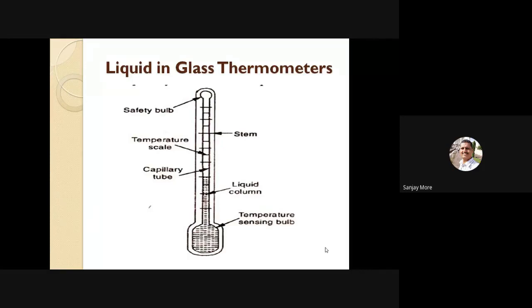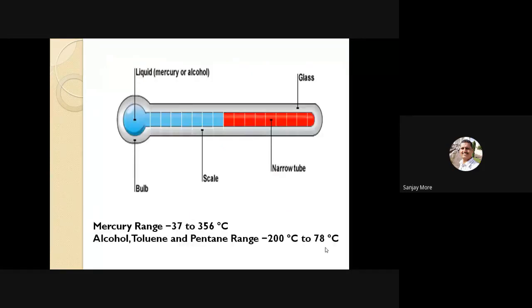See the diagram of thermometer. Two types of liquids are used: mercury and alcohol, toluene and pentane. Mercury range is minus 37 degrees Celsius to 356 degrees Celsius, and alcohol, toluene and pentane range is minus 200 degrees Celsius to plus 78 degrees Celsius.